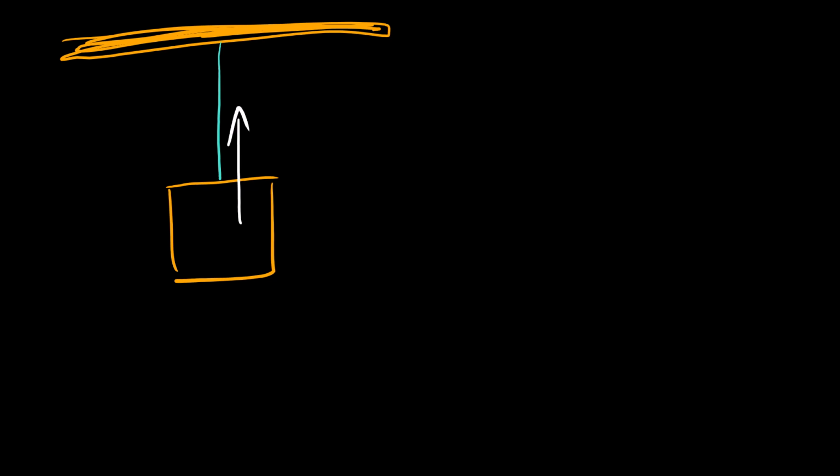So what is the direction of the tension from the object to the rope? It is this direction. The direction of the tension from the ceiling to the rope is this direction. We are only interested in the object. So this will be our tension, and then this will be our Fg. So the free body diagram will be like this.